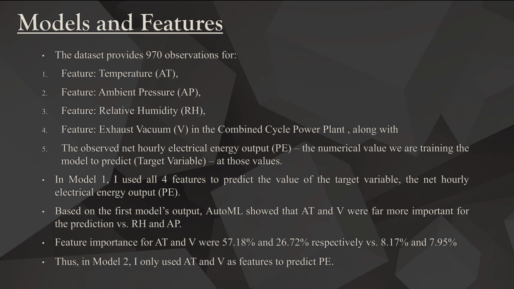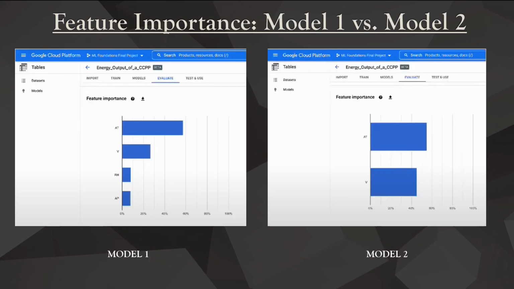Therefore, in Model 2, I only used ambient temperature and exhaust vacuum as my features. That's the distinction between the two models. On the slide, it shows a visual comparison of the relative importance of these features in Model 1 versus Model 2.